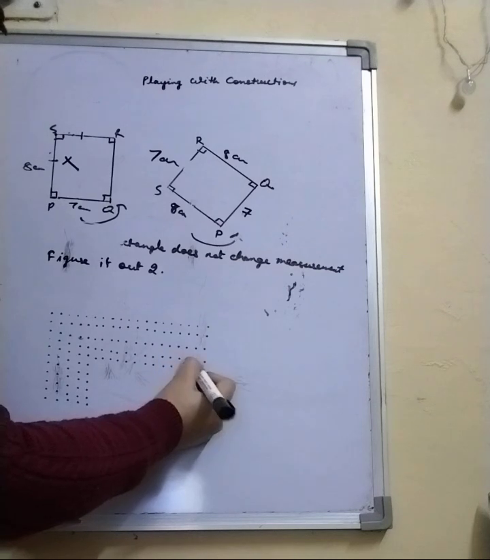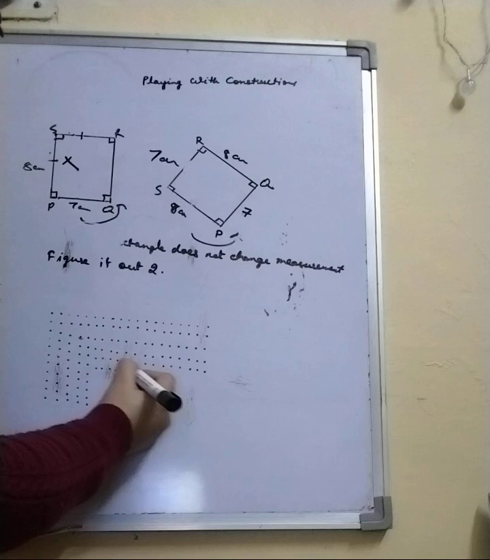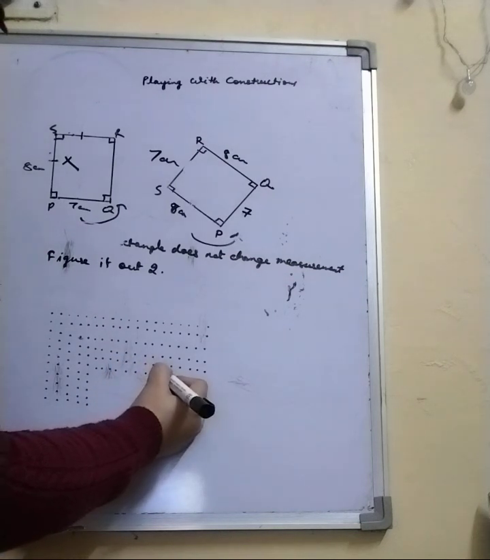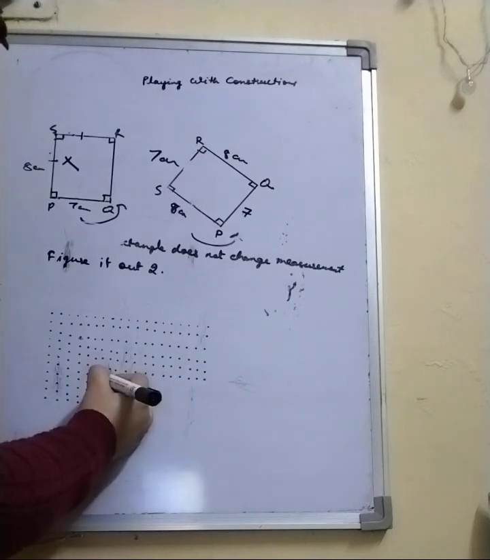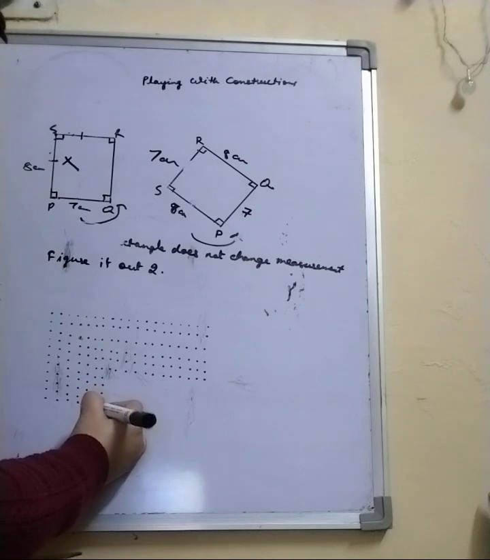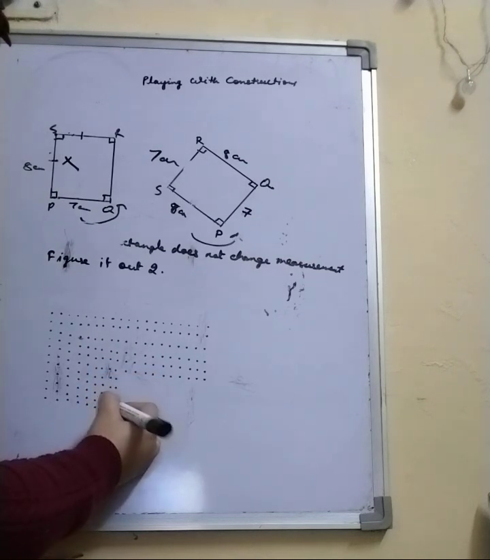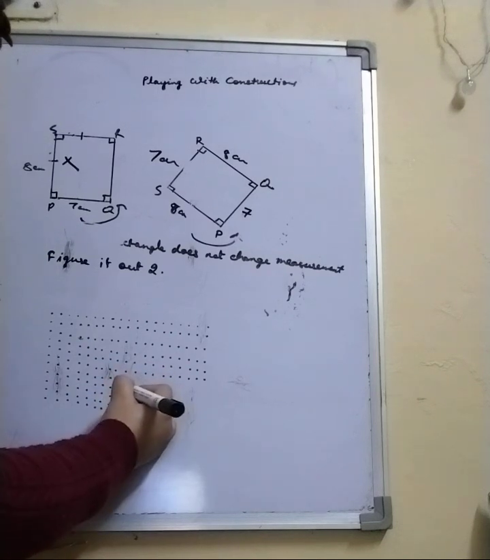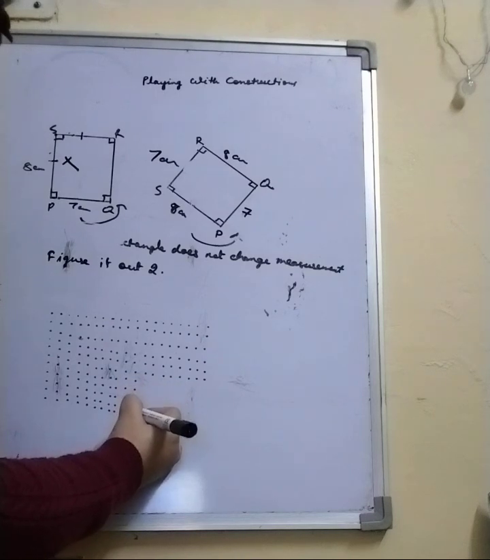So just try to observe the figure that you have four squares at the corners, which are aligning with the corners of the rectangle. So how would you align?